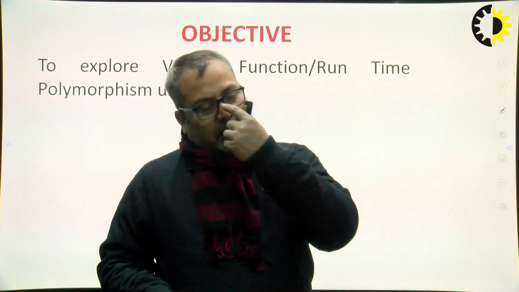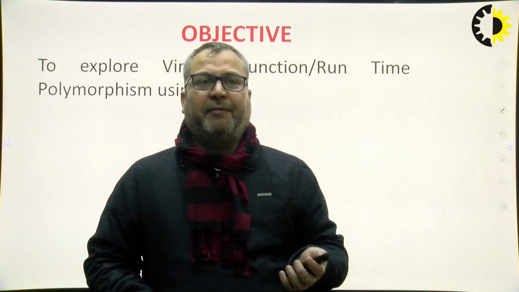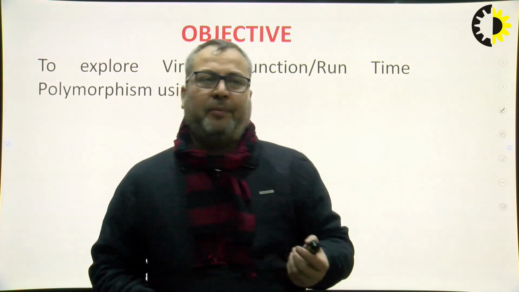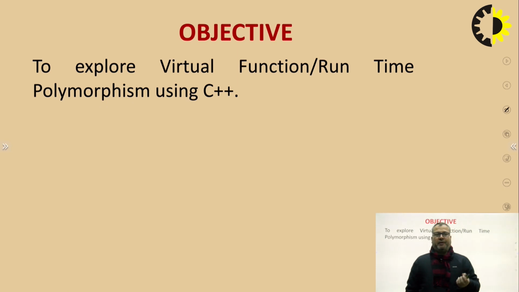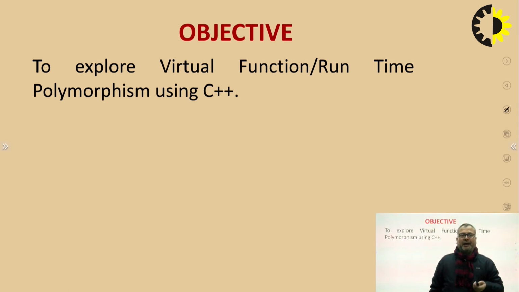And the second, that is runtime polymorphism, could be achieved by using the concept of virtual function. Even this runtime polymorphism is sometimes called late binding, or you can say dynamic binding. So let's have a bird's eye view on this concept.